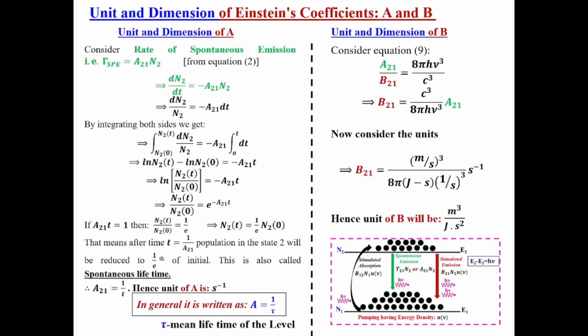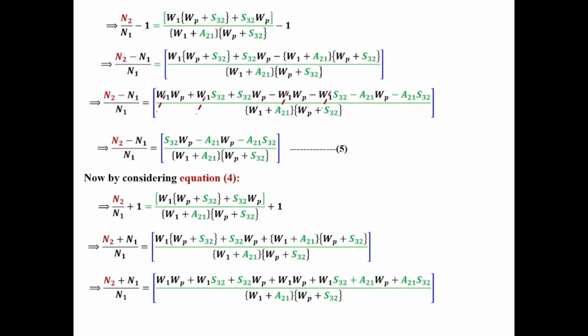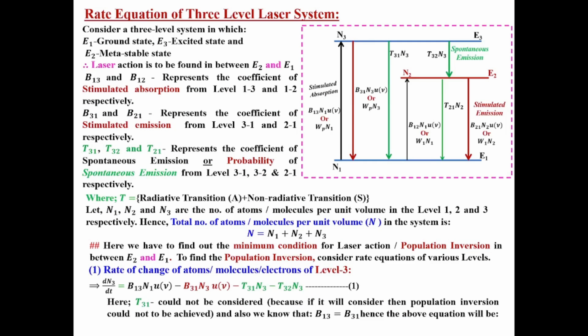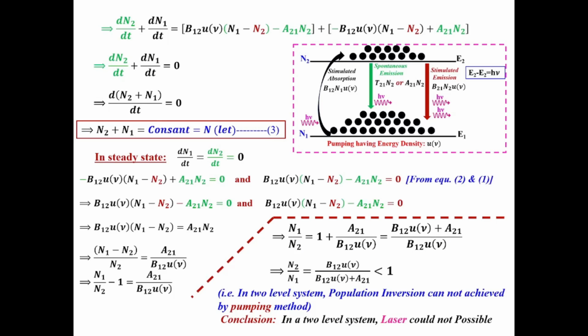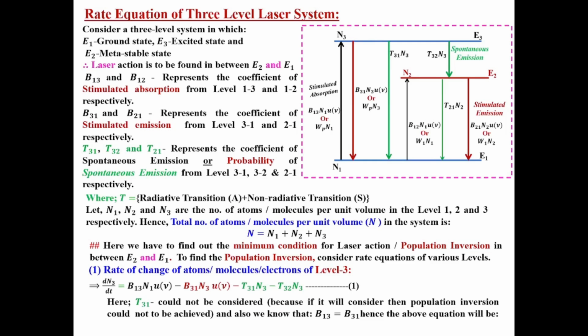These things we have already discussed. Last class we discussed rate equation of two-level system, and we found that in a two-level system laser action is not possible. In today's class we are going to discuss rate equation of three-level laser system.